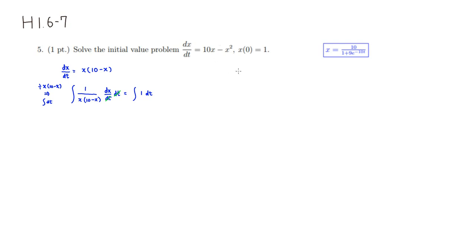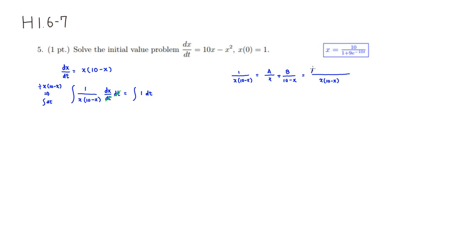So we have 1 over x times 10 minus x. And this can be split into some constant a over x plus some constant b over 10 minus x. Then if you put those guys back together, you see that we have x times quantity 10 minus x.